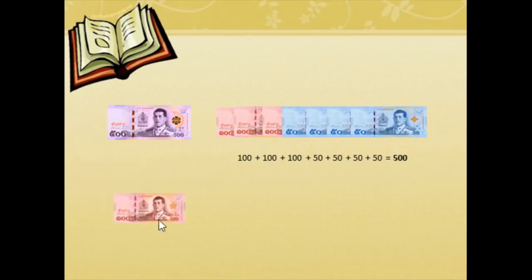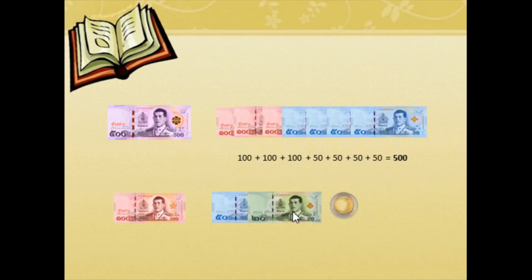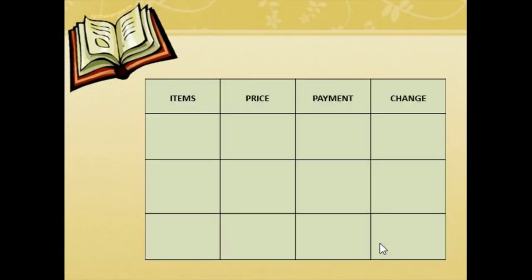For 100, we use 1 50 baht, 1 20 baht, 1 10 baht, 1 10 baht, and another 10 baht. That gives us 100 still.